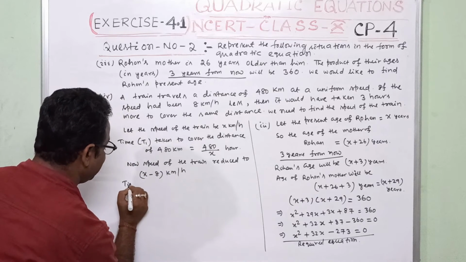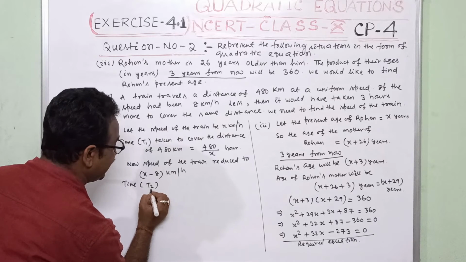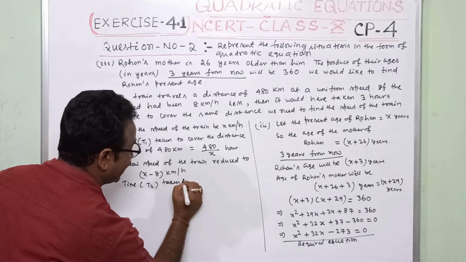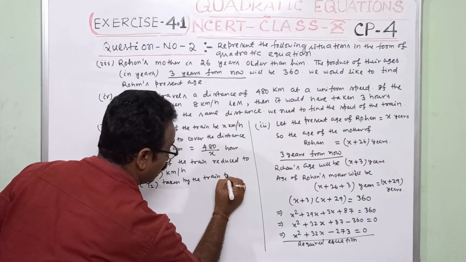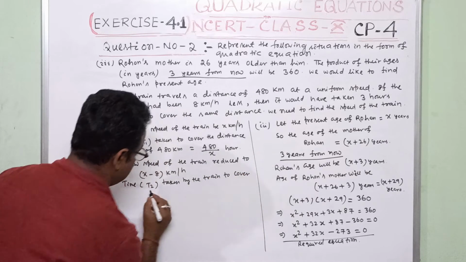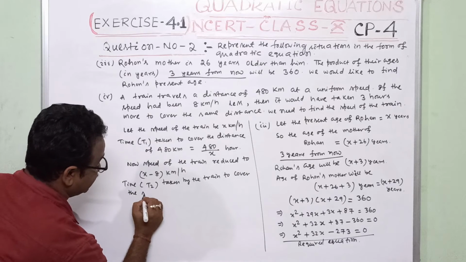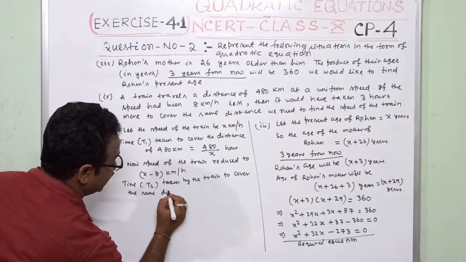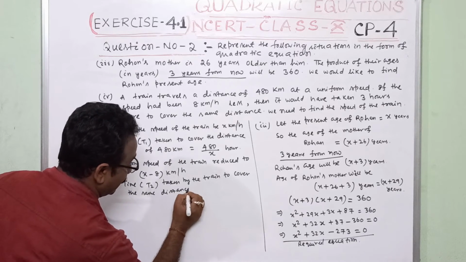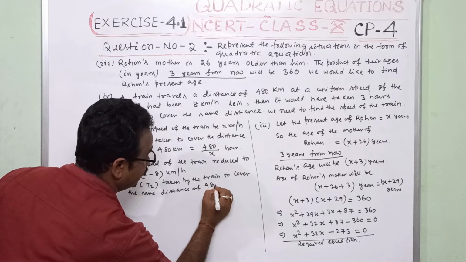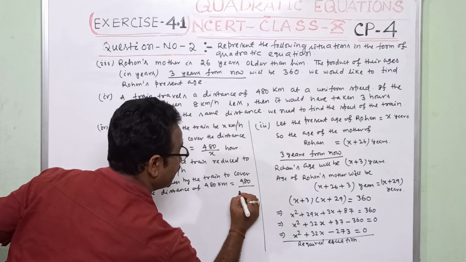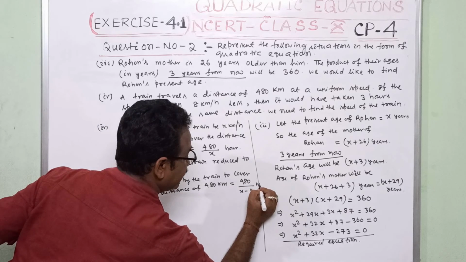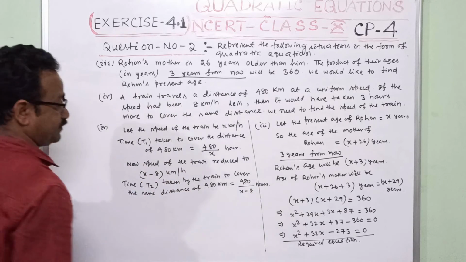So now time, let's say T2, taken by the train to cover the same distance of 480 km is equal to 480 by x minus 8 hours.